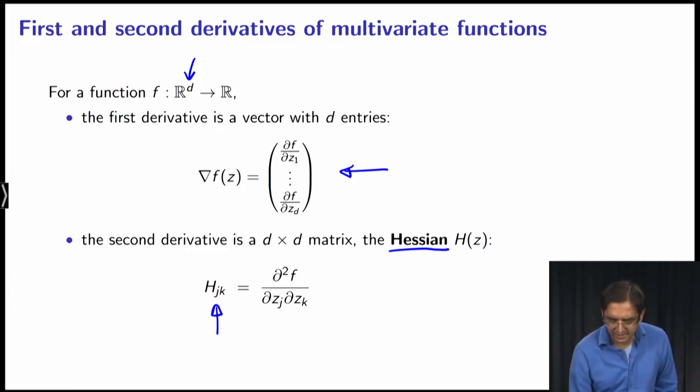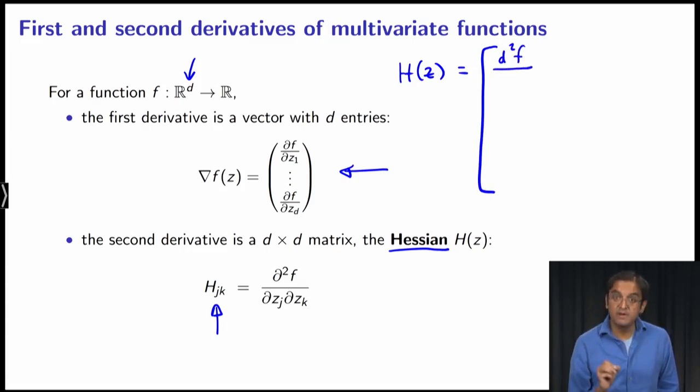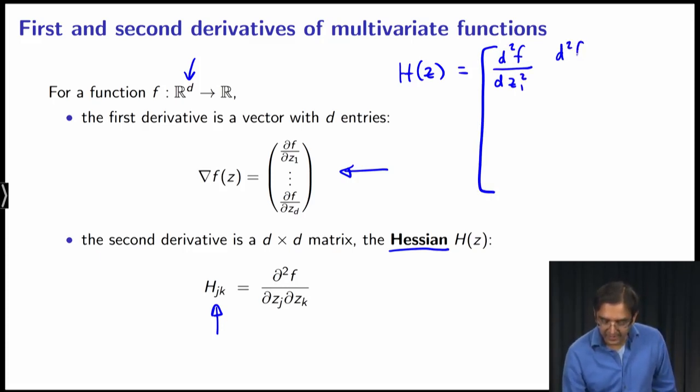So the matrix looks something like this. It's a d by d matrix, and the first entry is the second derivative of f with respect to z1 squared. The second entry is the derivative with respect to z1 and then z2, and then the second derivative with respect to z1 and then z3, and so on.